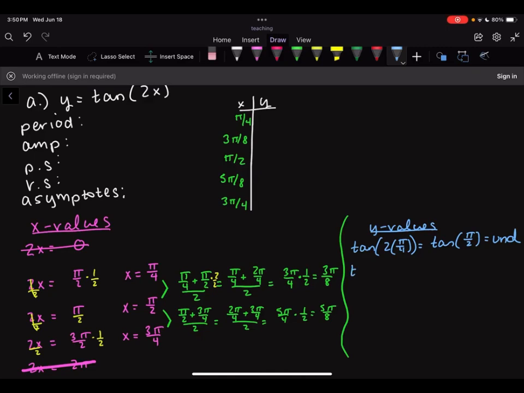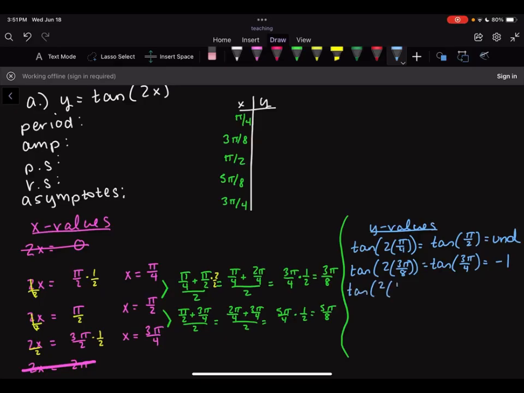If I plug in my next one, I get tangent 2 times 3 pi over 8, which is tangent 3 pi over 4, which we get -1.